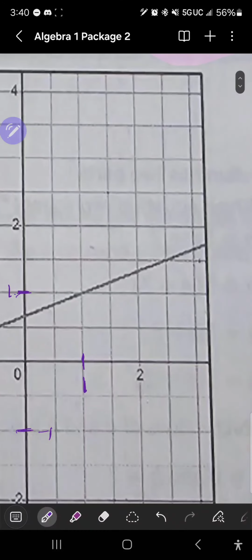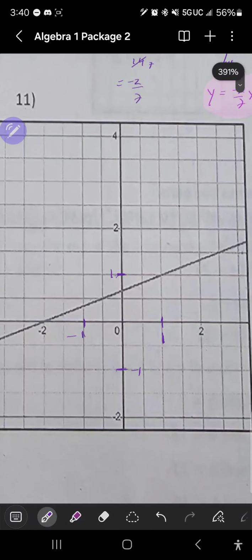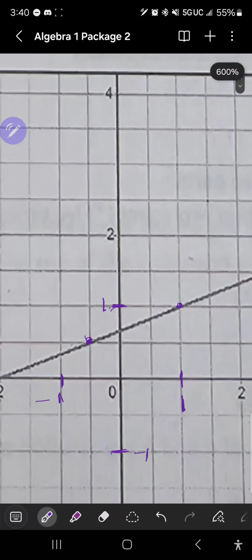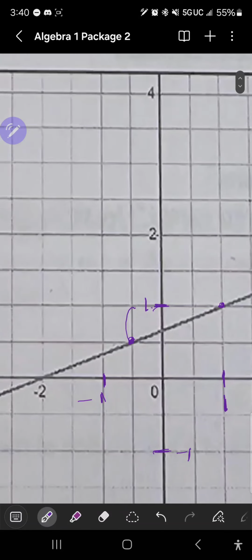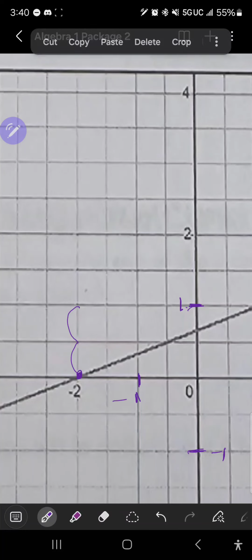And for my slope, I say this point and this point. So I will say rise, I will use this point. So the rise could be 1 instead of 0.5. So it will be 0.5 times 2, which is 1 unit.